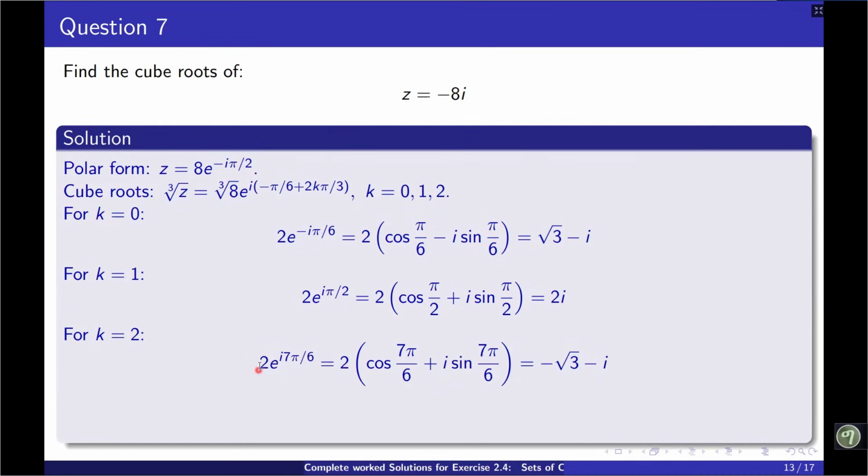So it becomes 2 times e to the power of i 7 pi over 6, which is 2 times cosine of 7 pi over 6 plus i times sine of 7 pi over 6, which is equal to negative radical 3 minus i. So the cube roots of this complex number could be positive radical 3 minus i, this pure imaginary number 2i, and negative radical 3 minus i.